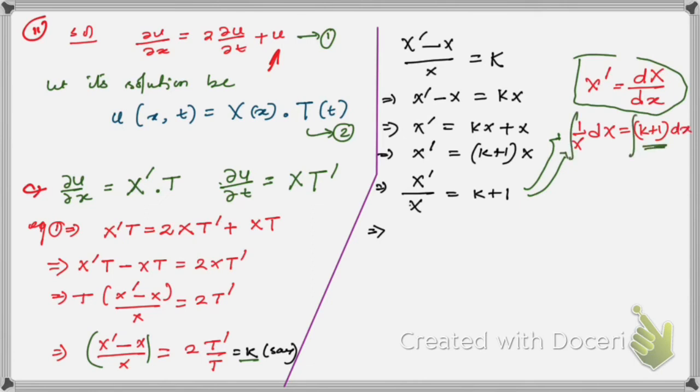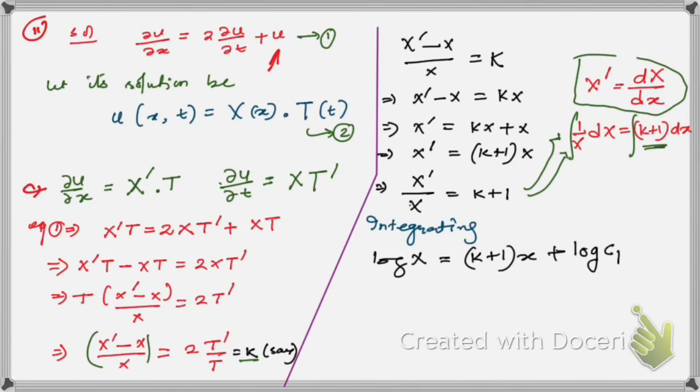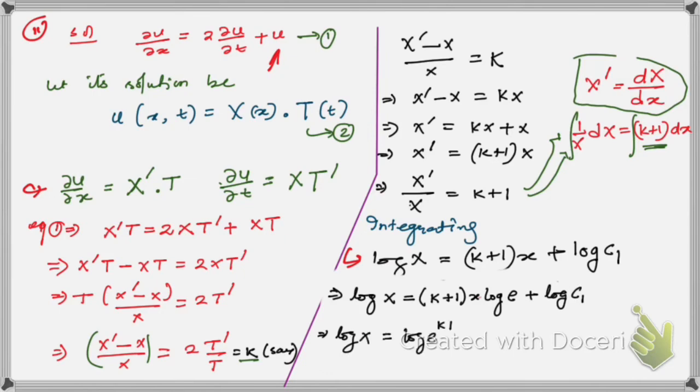And if you integrate this, integrating this equation, you will get log of capital X is equal to k plus 1 into x plus log c1, right? Integrating this, we have got this. Now you can see, we can write this as k plus 1 x log of e, as log of e is 1, plus log of c1.